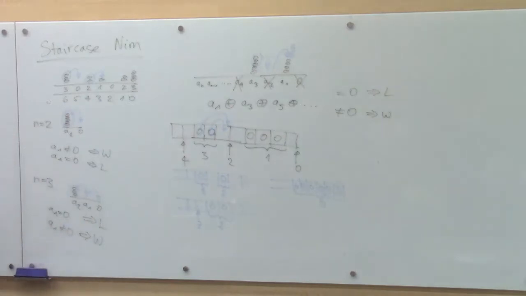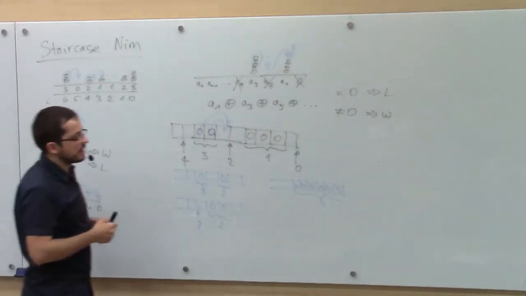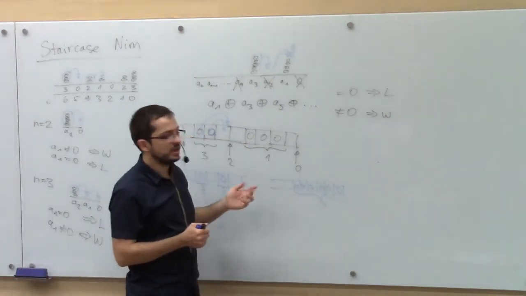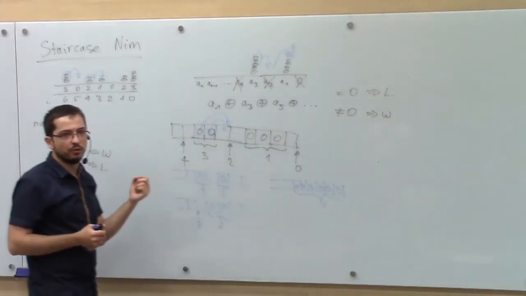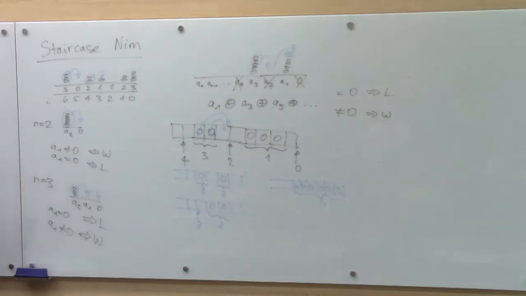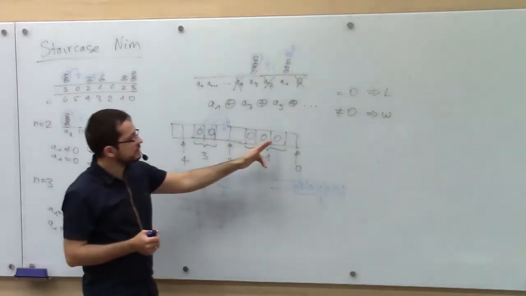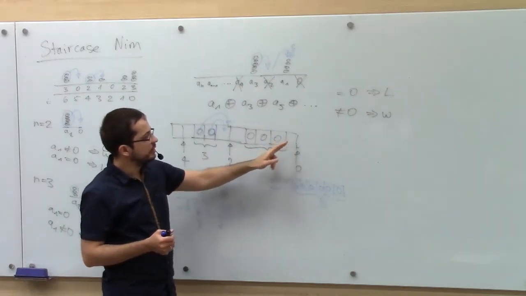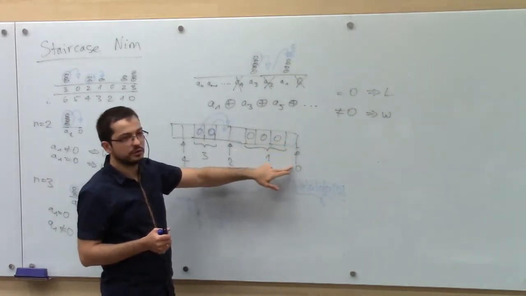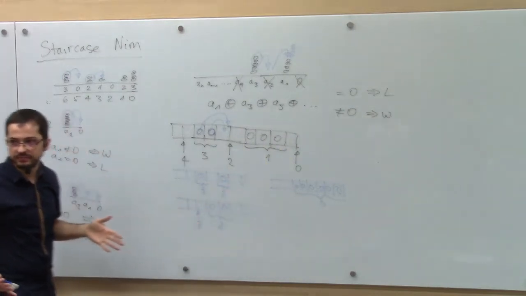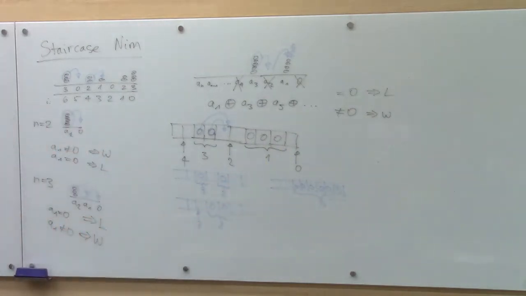But our game ends a little bit differently, because it ends as soon as at least one pawn gets to group number 0. If we make this move here, one pawn is at group number 0, and then the game ends. And this is not the case in staircase Nim. So here we have something a little bit different.